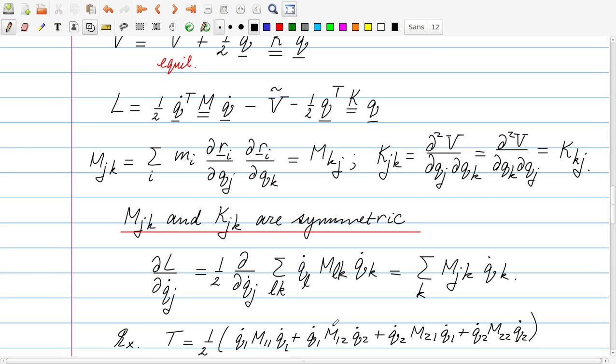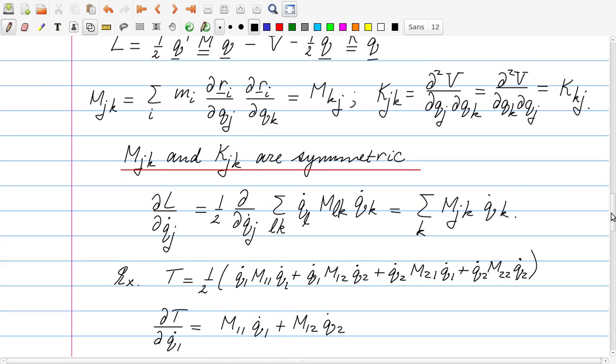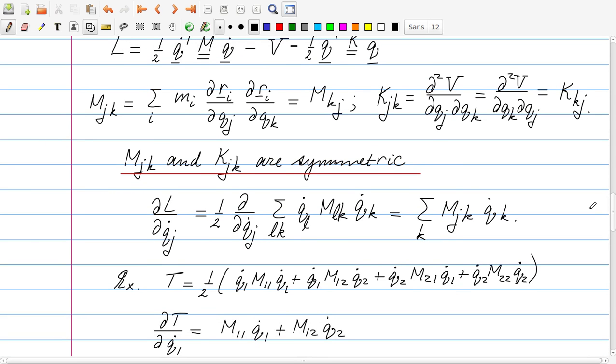And because these matrix elements are the same due to the symmetry of M, we can immediately find that when we take, for example, the derivative of T with respect to q̇_1, we have m_11 q̇_1 plus m_12 q̇_2.